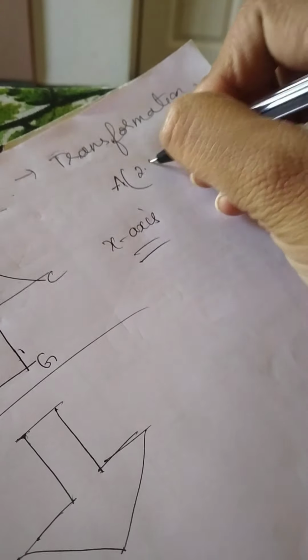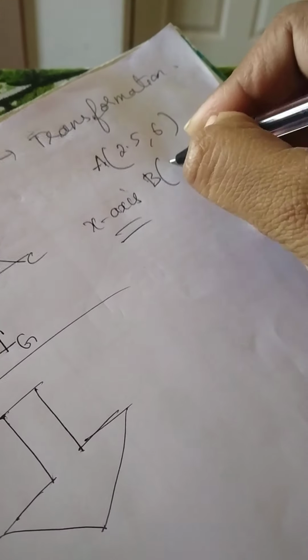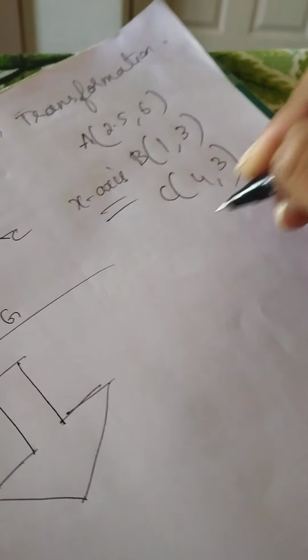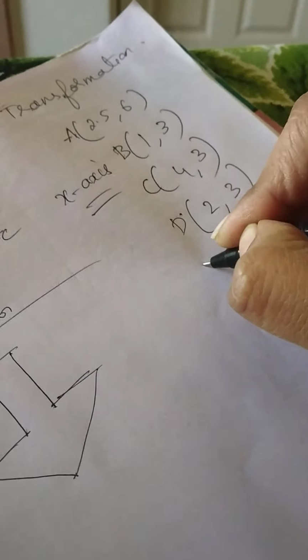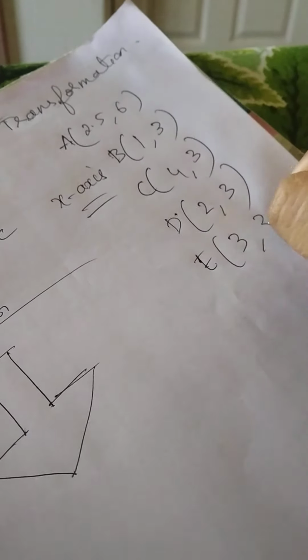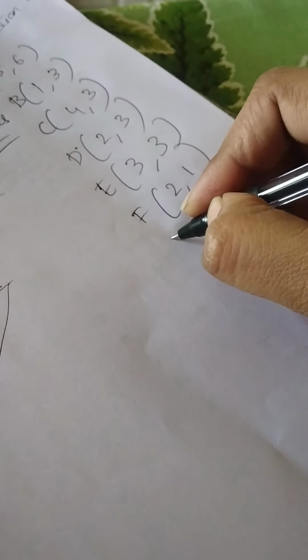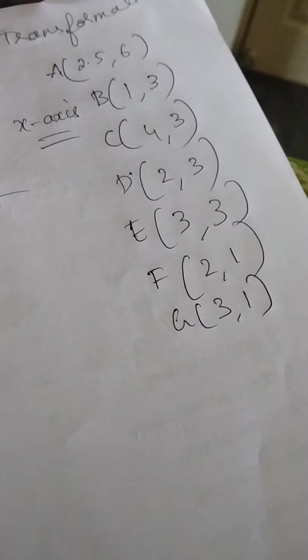A is given as 2.5, 6, B is given as 1, 3, C is given as 4, 3, D is given as 2, 3, E is 3, 3, F is 2, 1, and G is 3, 1. So these are the coordinate values.